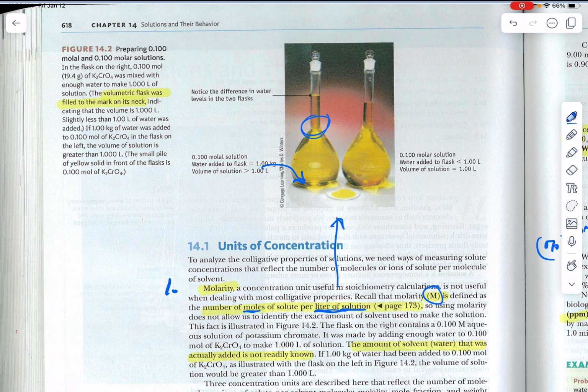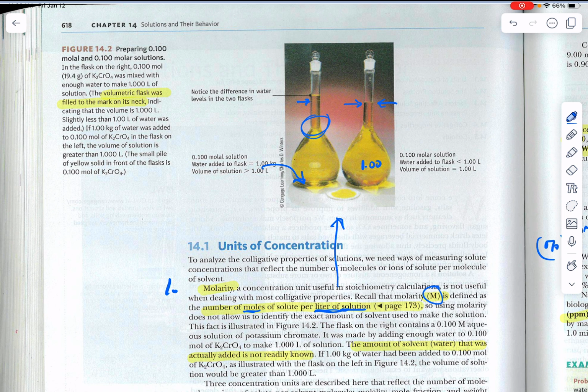And then you fill it up with water until you get to a little line that is right at the etching in the glass. And that's where you have the precise measurement of whatever it states on the volumetric flask. For example, if this is a 1 liter volumetric flask, this point right here would be exactly 1.00 liters of solution.